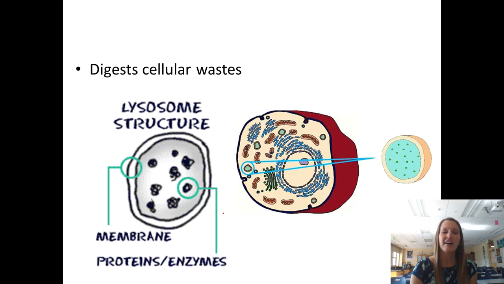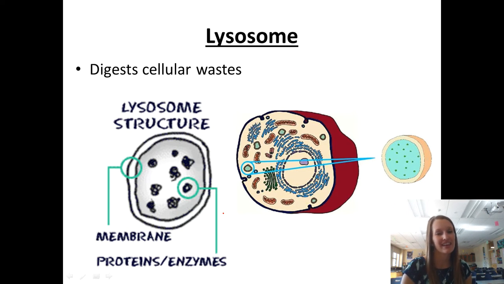Okay, next one here is the lysosome. And a lysosome, they're pretty small. If you look at this picture over here compared to some of the other parts of the cell, they're not very big, and they hold molecules, like all these little dots in here. Those would be molecules that are maybe wastes for the cell, that the cell does not want anymore.